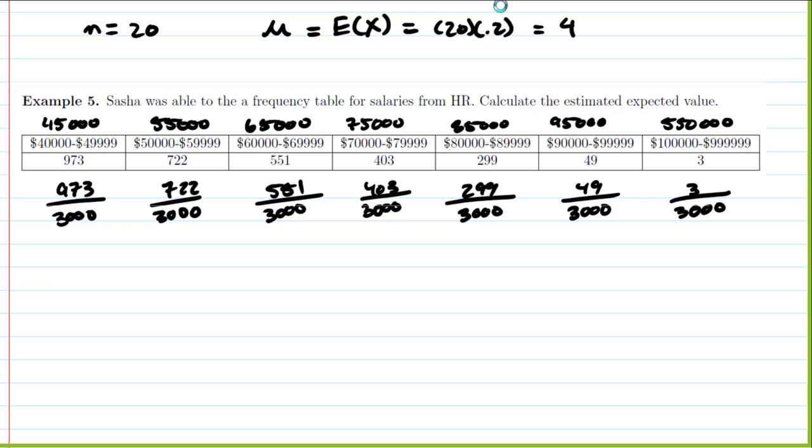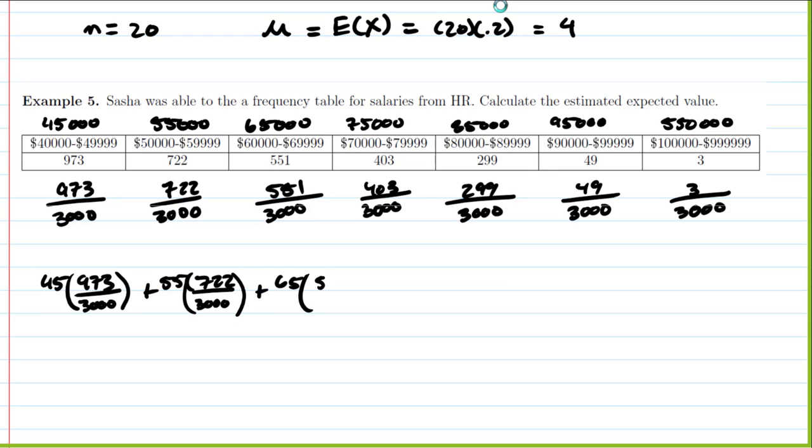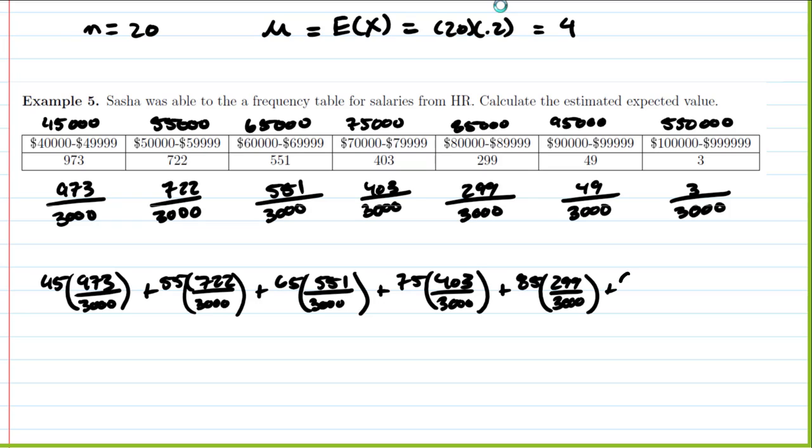So in thousands, it's going to be 45 times 973 over 3,000 plus 55 times 722 over 3,000 plus 65 times 551 over 3,000 plus 75 times 403 over 3,000 plus 85 times 299 over 3,000 plus 95 times 49 over 3,000.